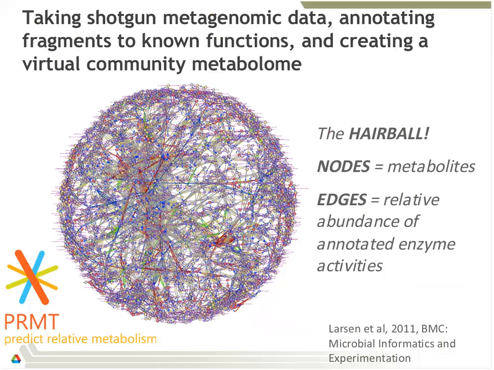We also can use it to predict the community's ability to modulate different environmental characteristics. And we call this predictive relative metabolic turnover, or the hairball, where we take shotgun metagenomic data, we annotate those fragments of genomic information to known functions, and map that onto a metabolic model, a metabolic pathway map, as it were, to create a community metabolome, whereby the changing relative abundances of the annotated enzyme activities in the metagenomes can be used to predict if a metabolite is being either more consumed by the community or relatively more generated.